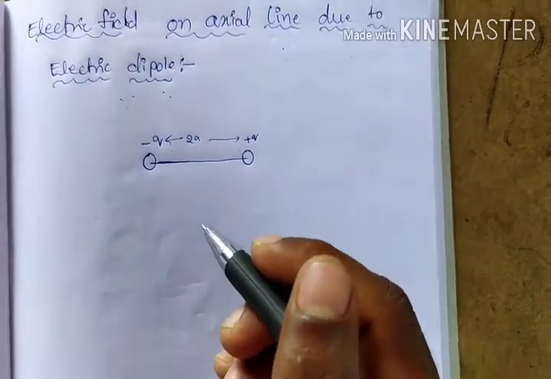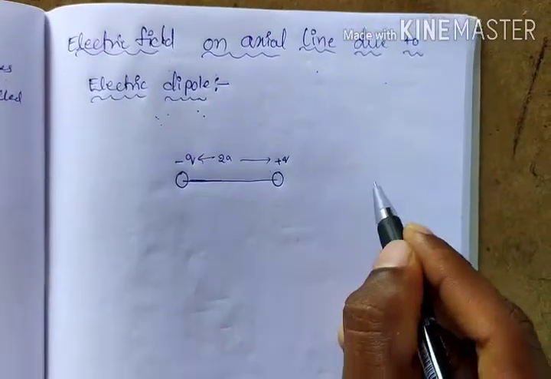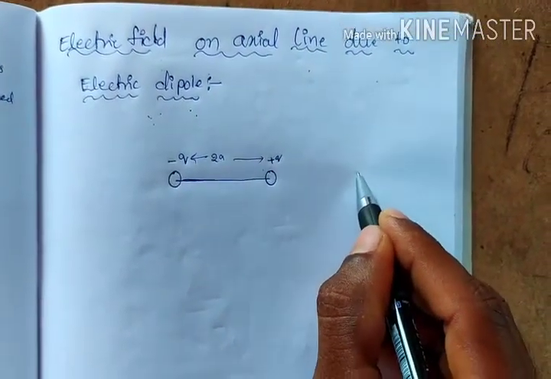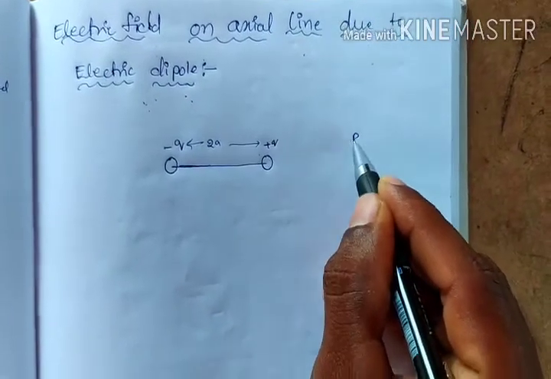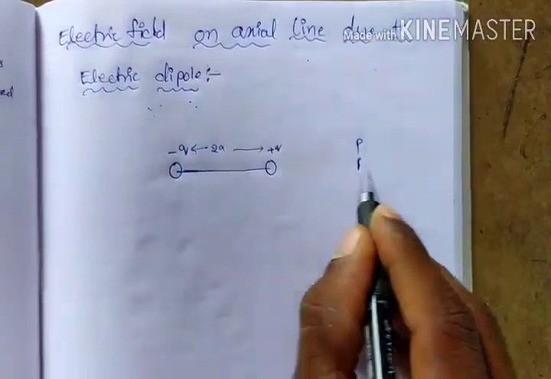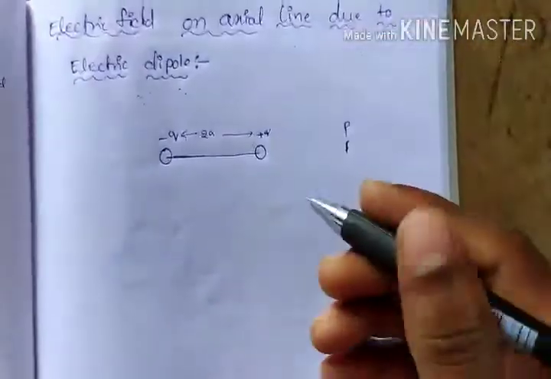Next, we take a certain point P on the axial line. Axial means a horizontal line; equatorial means a vertical line, which we will discuss later.